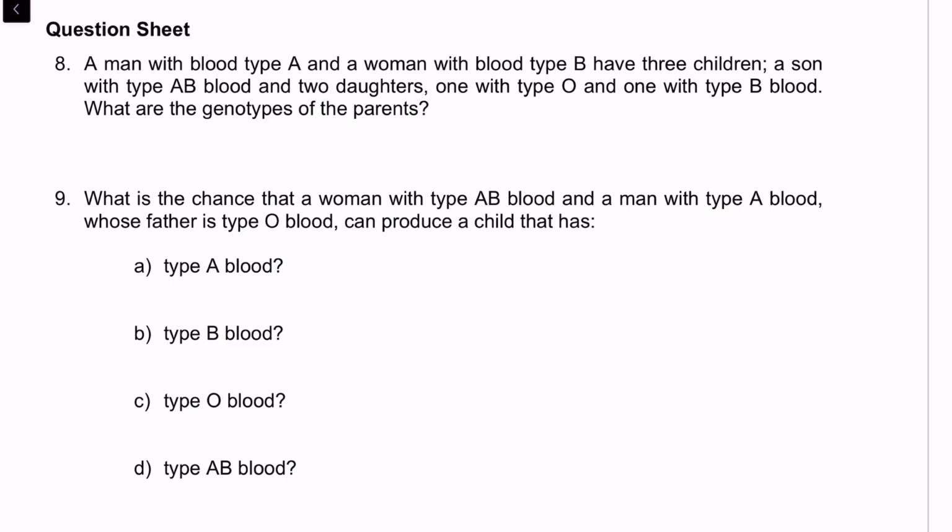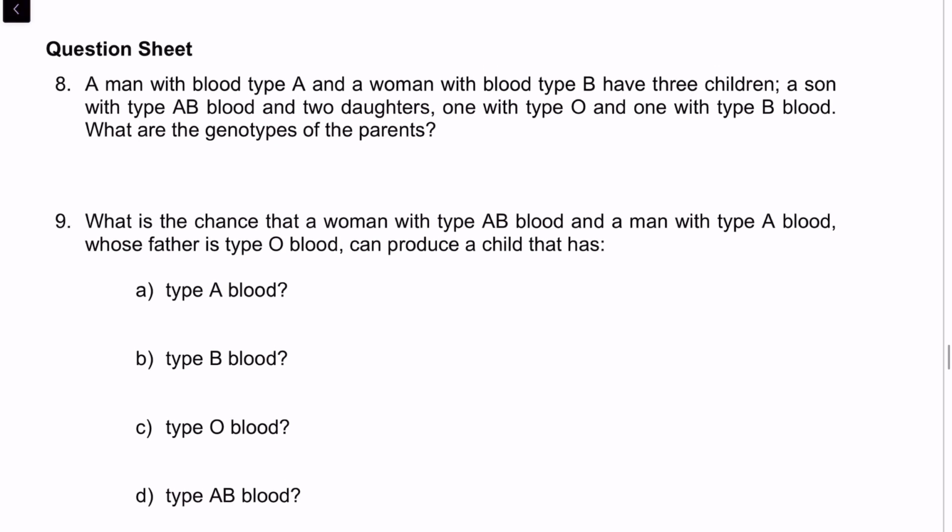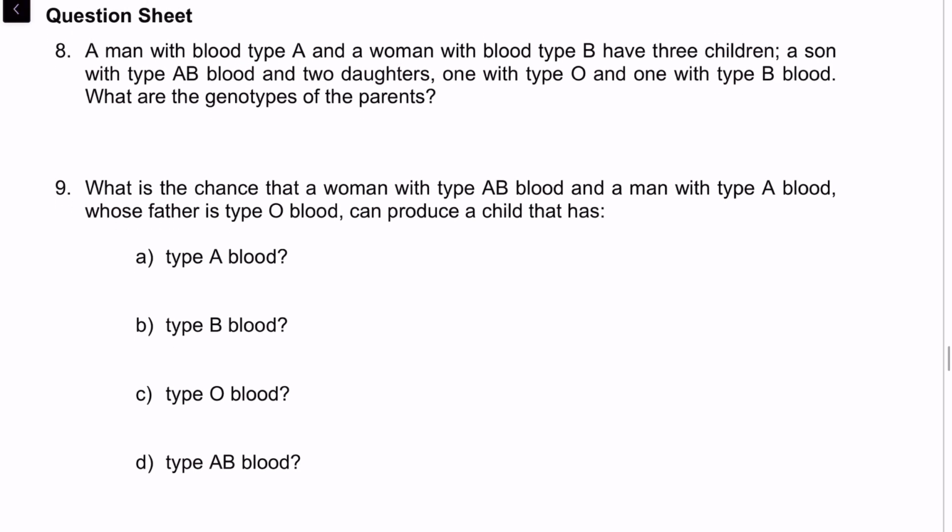Now for this one, a man with blood type A and a woman with blood type B have 3 children, a son with type AB blood and 2 daughters, one with type O and one with type B blood. What are the genotypes of the parents? Okay, now the key point there is that we have a daughter with type O, and we know that type O is recessive homozygous, which is 2 lowercase i, right?